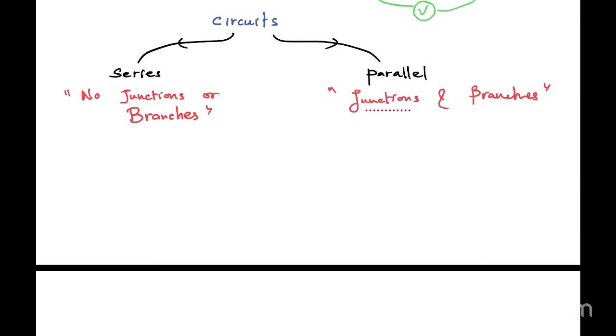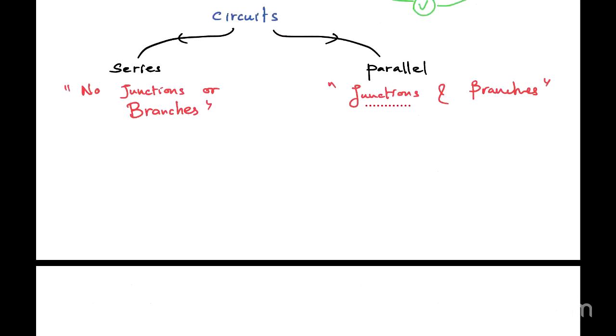So if I draw a circuit something like this, I'm going to use a resistor and a bulb in a series configuration, like this.